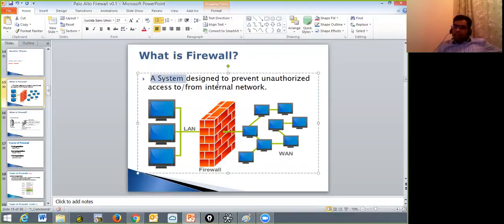This definition is more technical, but I would like to hear it in layman's language, like for an ordinary person. Let's say you want to teach somebody who is a very basic person who has just been introduced to networking. He does not know what a firewall is. So you just want to explain to him what a firewall is. Please feel free, guys, to share your thoughts.